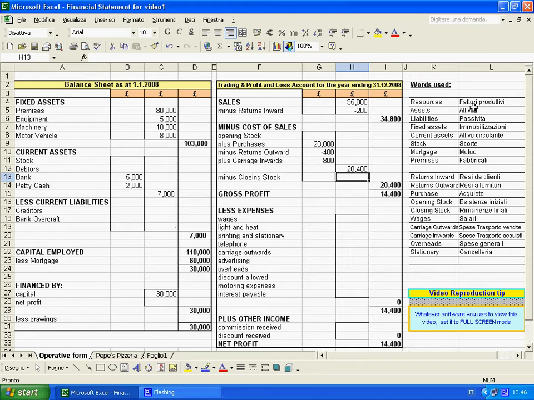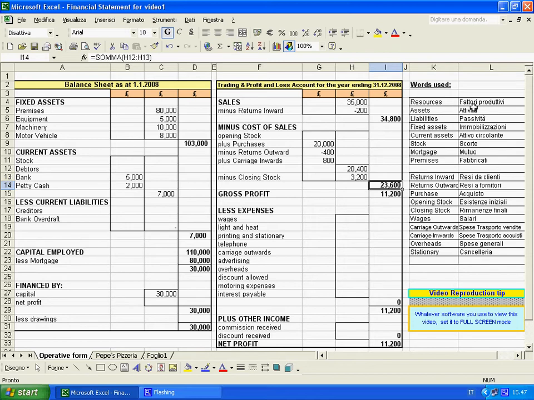Closing stocks is just this, and the value of these goods remaining in the warehouse is £3,200. So £20,400 are all the goods at disposal to be sold. These 3,200 are the goods that haven't been sold.